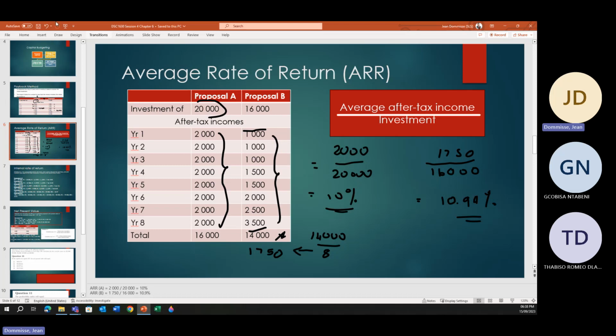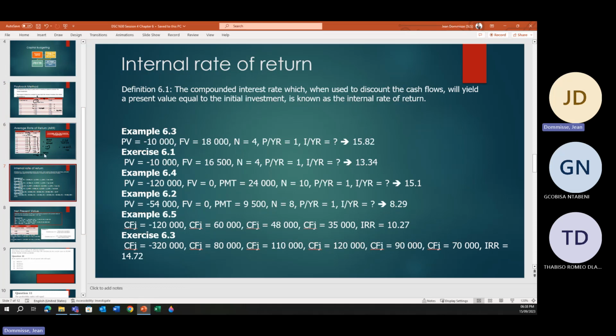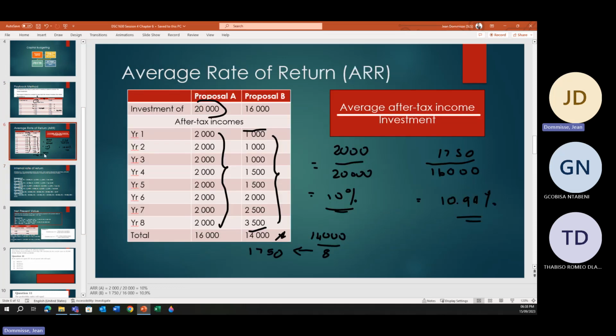By using the payback method, which proposal will you go for? So every time you need to really understand what the proposal is, and how you need to calculate that. Okay.